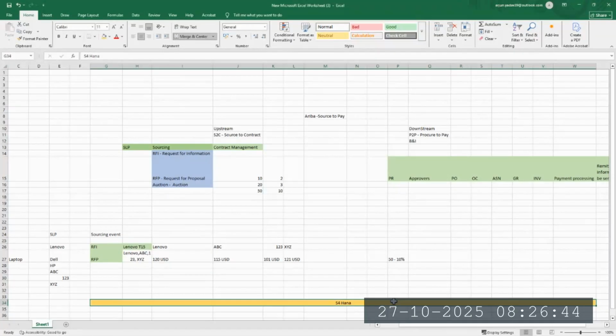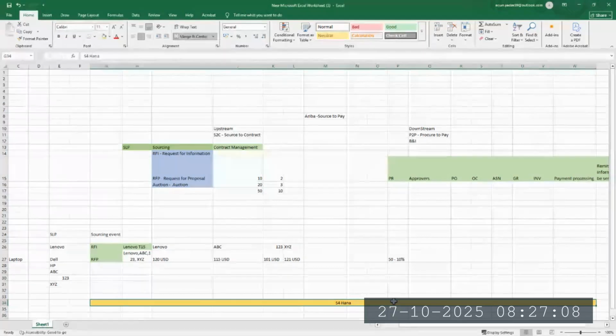Yes. Also, this S4 HANA you were talking about, being completely new to the subject, do I have any prerequisites to be known before I start into the modules? It is good to know before you start, but it is not always needed to know the backend S4 system when you start your Ariba course.